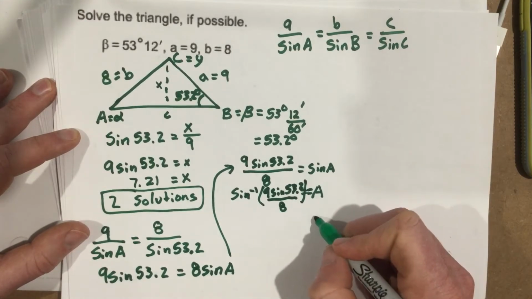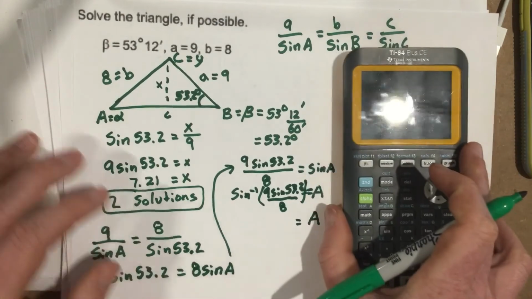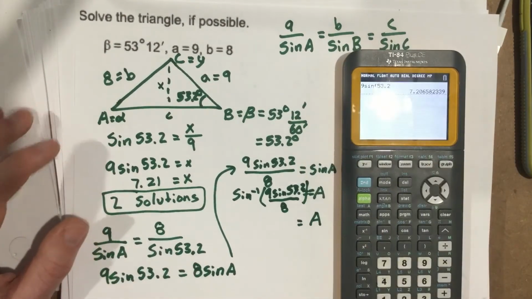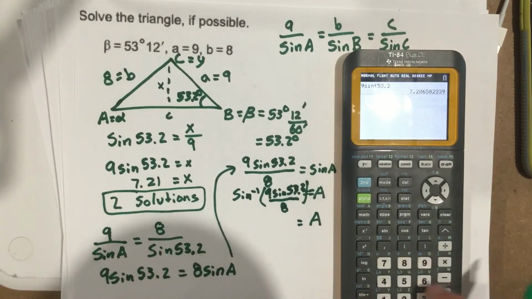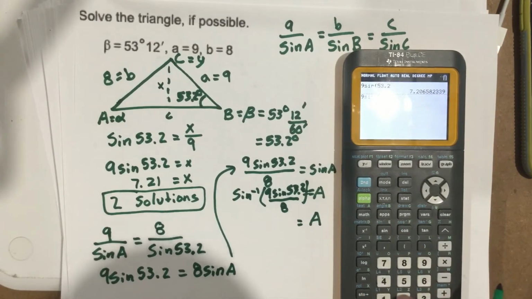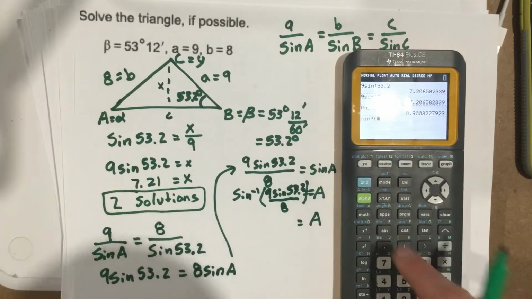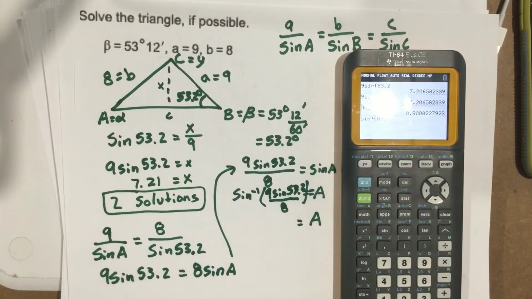And that means A is going to equal, we'll plug that in the calculator. I'm going to do 9 sine 53.2 first. Then I'm going to divide it by 8. I love to use the second answer button in this, so I'm going to use the second sine inverse, and then I'm going to pull back that answer, which is the 0.9, and that gives me 64.2664.